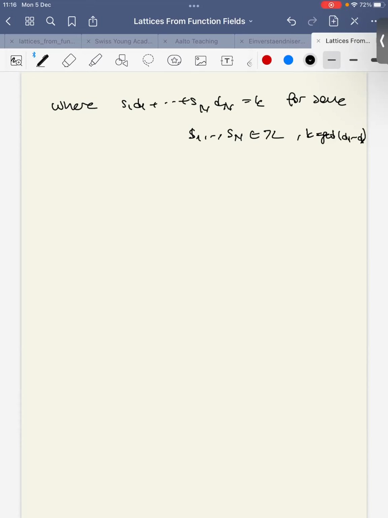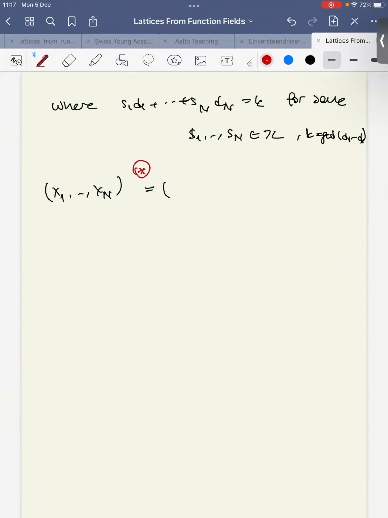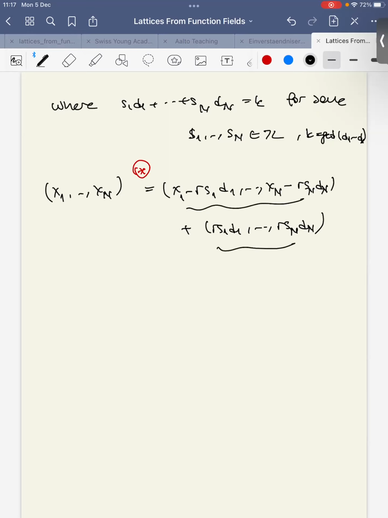So that means the element we consider in the kernel can be written, just by considering this last equation, as (x_1 - r s_1 d_1, ..., x_n - r s_n d_n) plus (r s_1 d_1, ..., r s_n d_n). By the definition of the elements inside of A_{n-1} and C, we can say that these are vectors in A_{n-1} and C. Therefore, we see the equality for the kernel of this group homomorphism.